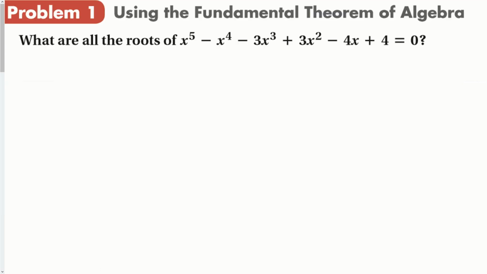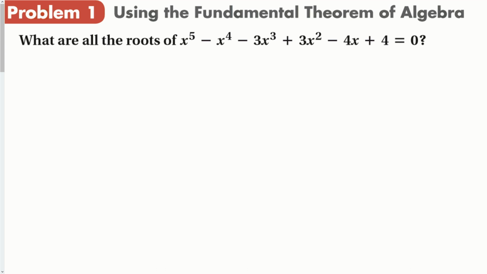Let's try it. So here is a 5th degree polynomial. I am going to get 5 answers. I could try to factor this, but there's no technique that I know that I could use right off the bat, like grouping or quadratics.